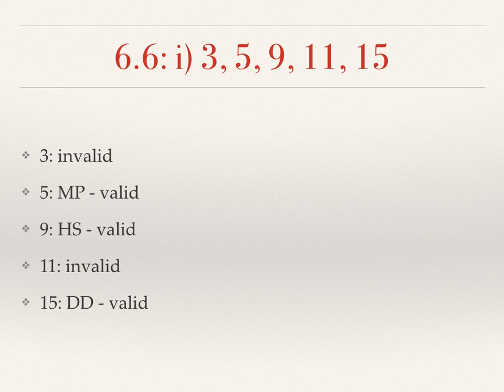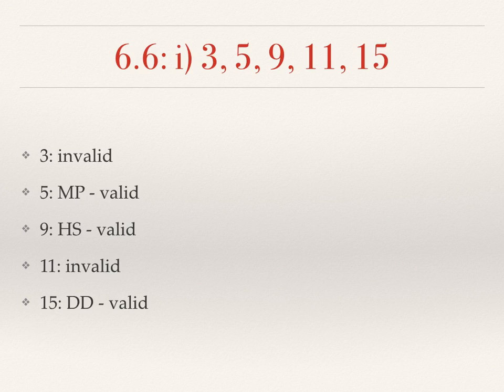So number 3, for instance, does not fit into any of the valid argument forms. It looks like a disjunctive syllogism, A or not Z, but it would have to be the right form in order to be a legitimate disjunctive syllogism. So it's not in accordance with any of those valid argument forms, so it is invalid.